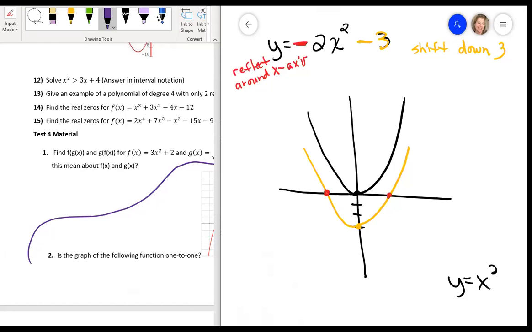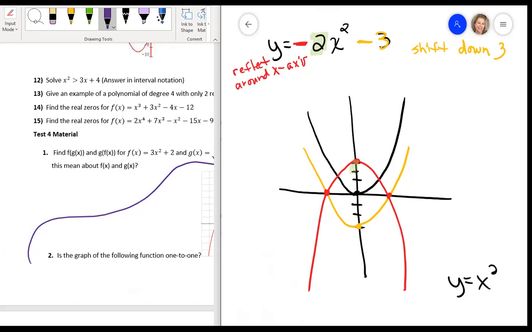So now, this graph is going to be in red. This point's going to be here, and it's going to be going like this now. And then the 2 right here is actually going to stretch it, like pull it tight along the y-axis.